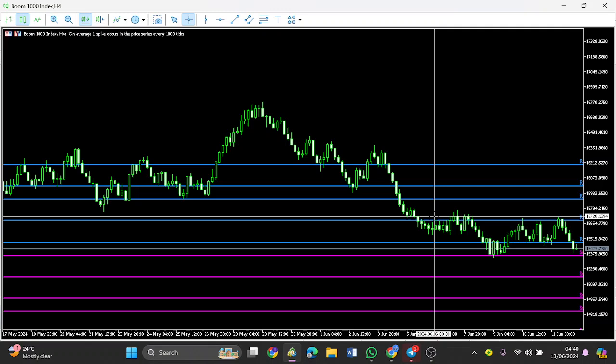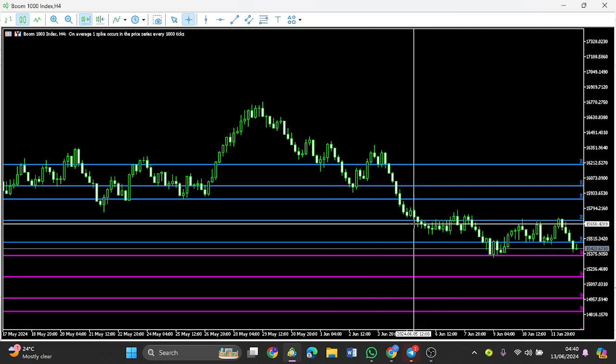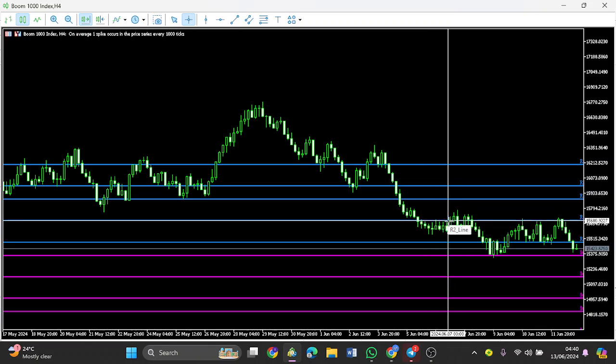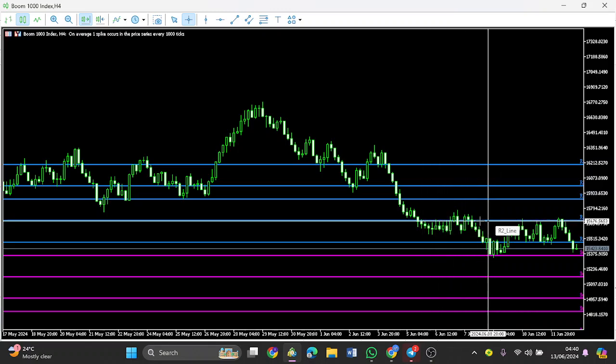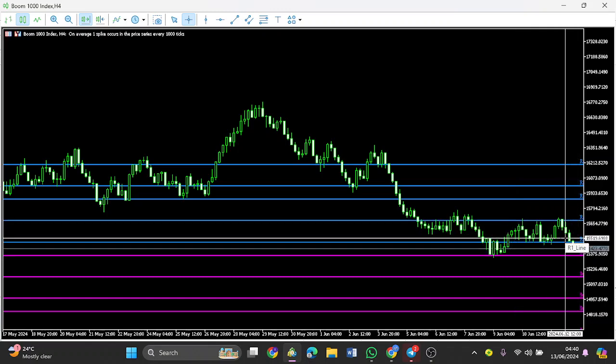The market is now resting at this place, selling from here. If you could have taken that sell from here, you can see how the market respected that zone, then boom, pushed down. So the market will still sell.